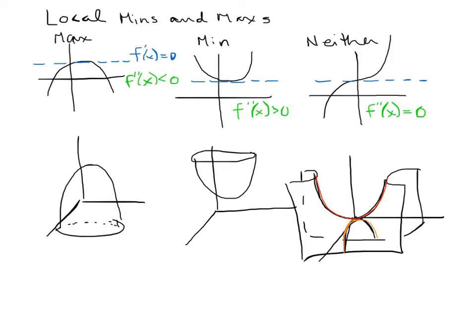All right, so let me give you how to find these mins and maxes and the second derivative test. So this is some rules on how to find local mins and maxes.